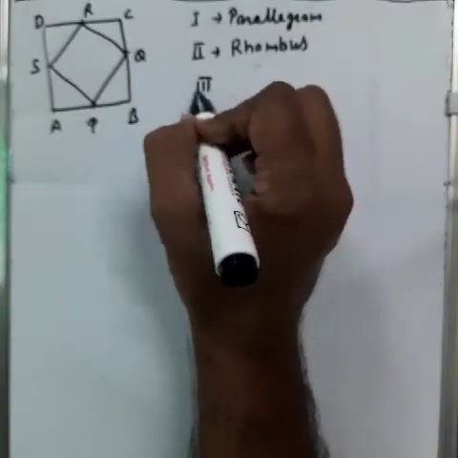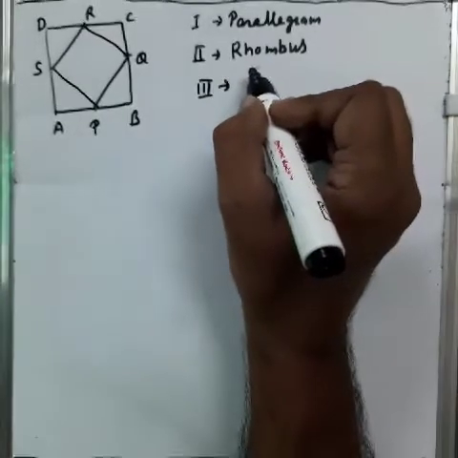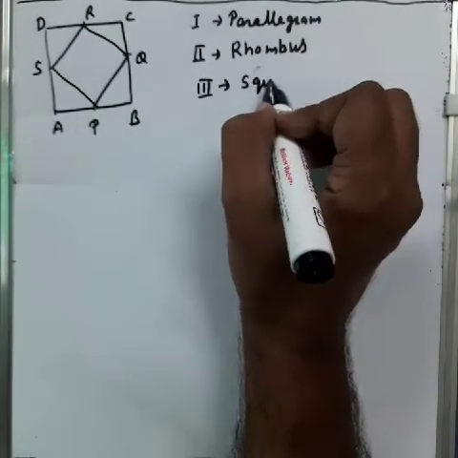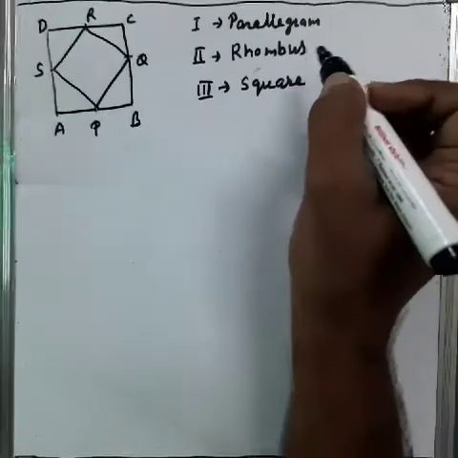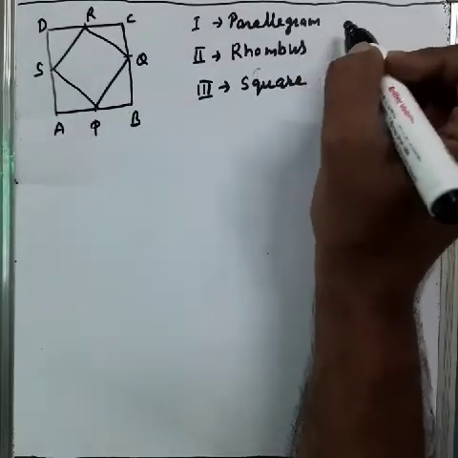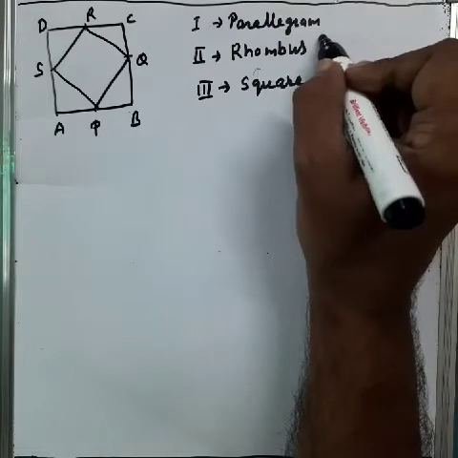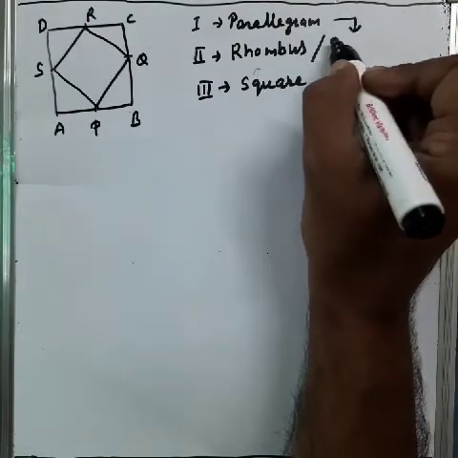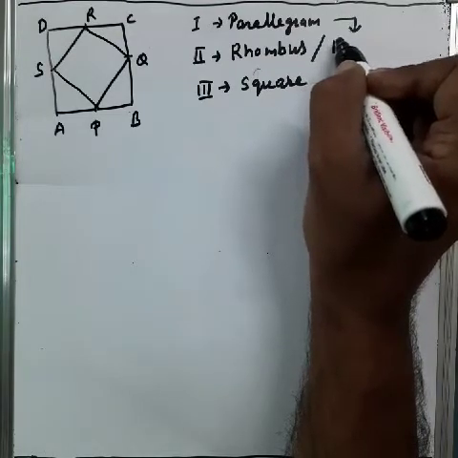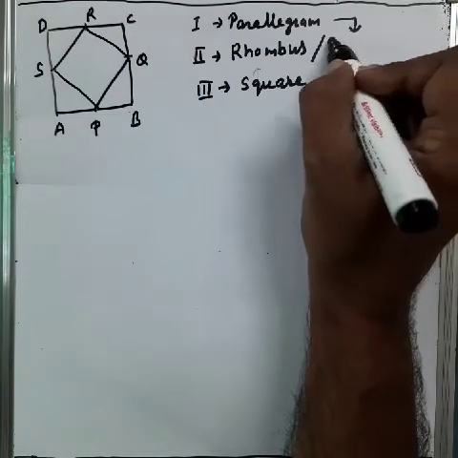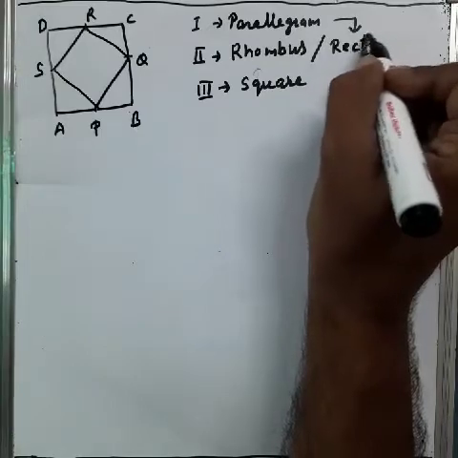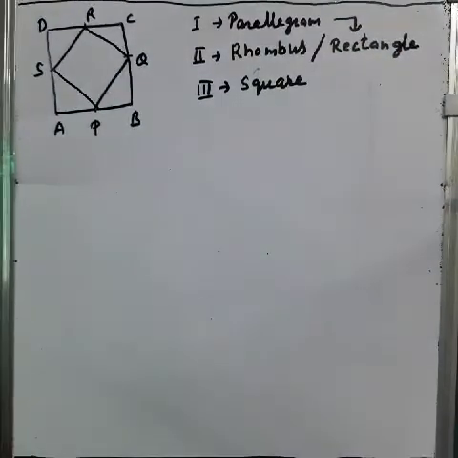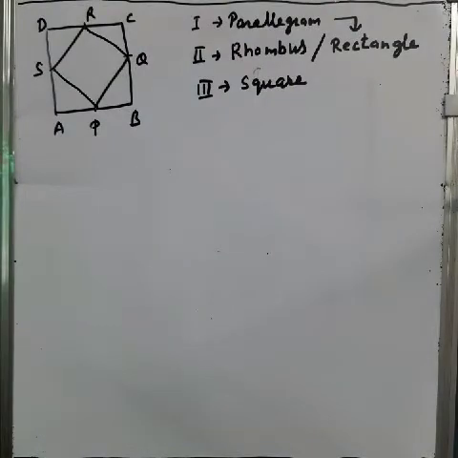And in the third step, we will be able to prove square. You have to follow these three steps. Or in the second step, directly we can prove rectangle. But in this case, we have to prove it is a square.